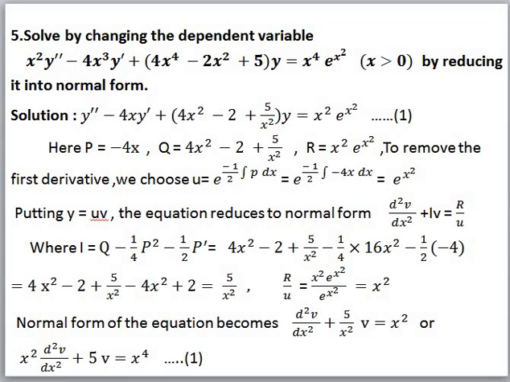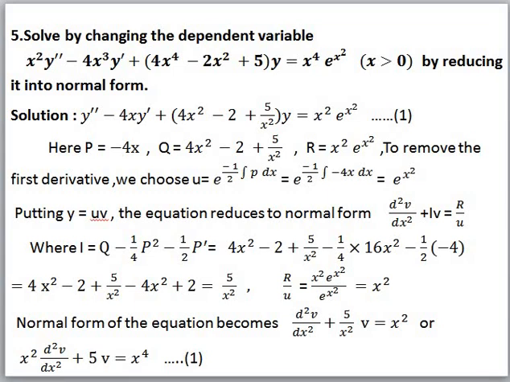Substituting q, 4x² minus 2 plus 5 by x², minus 1/4 of p², that is minus 4x squared, is 16x², minus 1/2 p′, the derivative of minus 4x, which is minus 4.